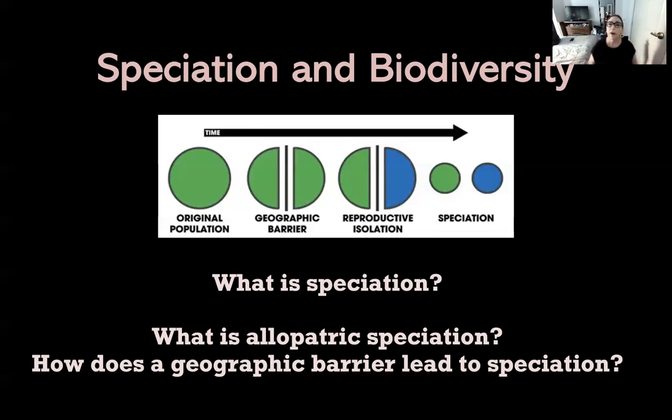Now, reproductive isolation, all that means is that the two populations of, say, salamander, cannot reach each other to mate. Now what's going to happen on either side of this geographic barrier is these two populations will start to adapt to their new environment. And that is natural selection. If we have a brown salamander population originally, it gets split in half.